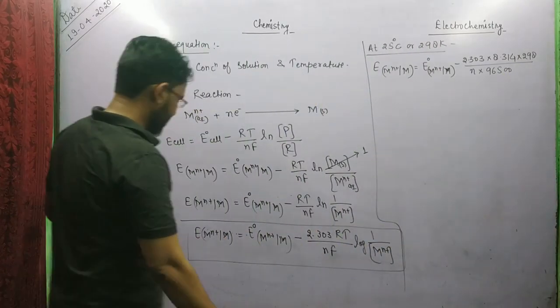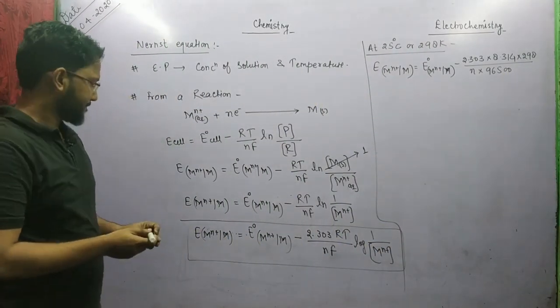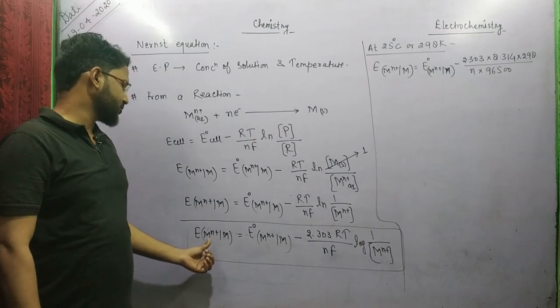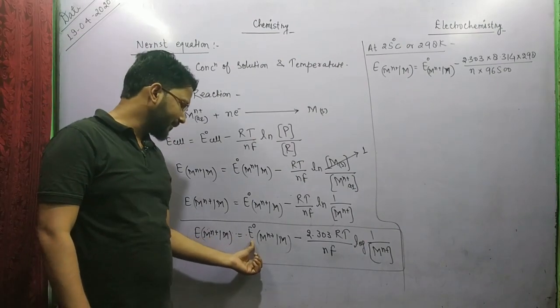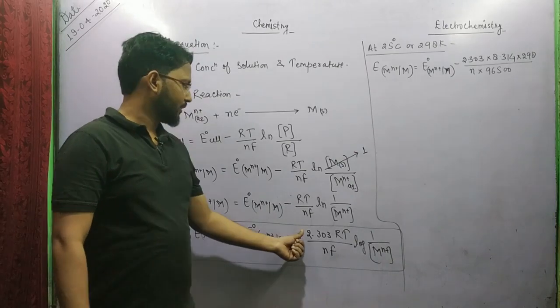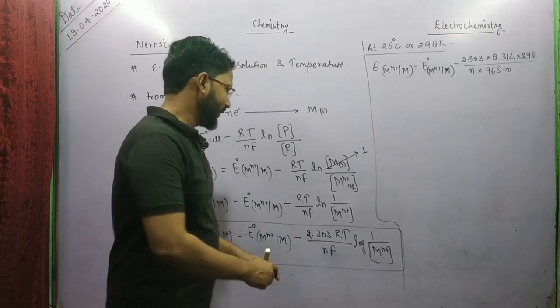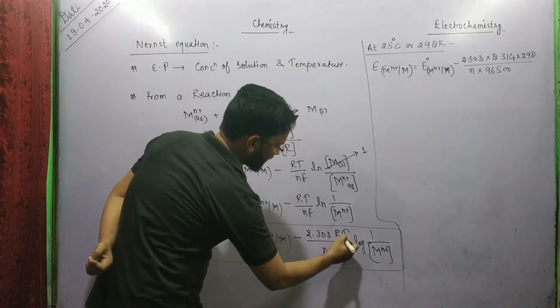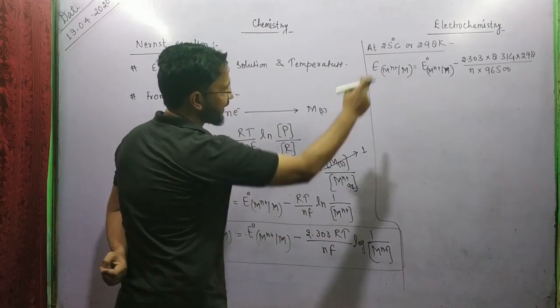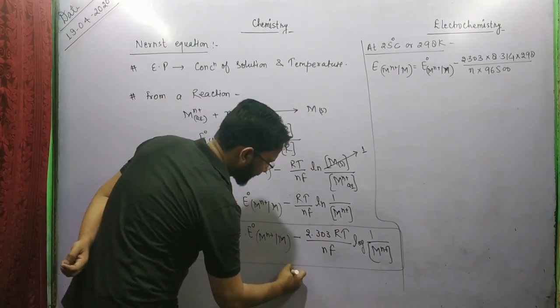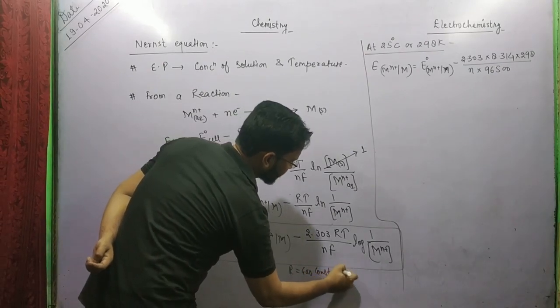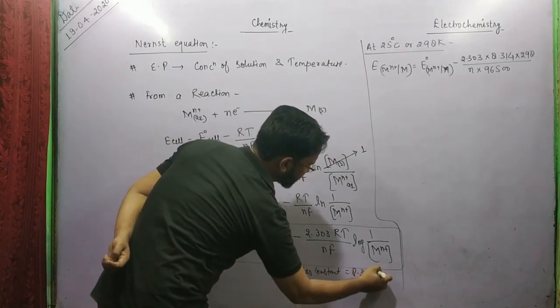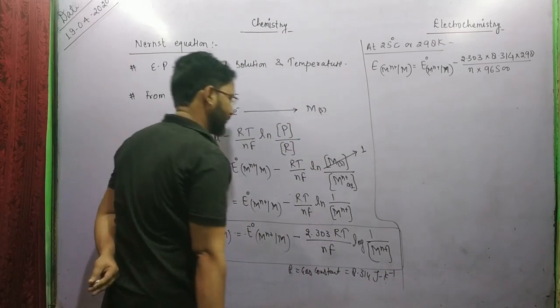Let's see here. E is the electrode potential, the reduction potential of the electrode. E° is the standard electrode potential. 2.303 is a constant. R is the gas constant, and its value is 8.314 joule per Kelvin per mole.